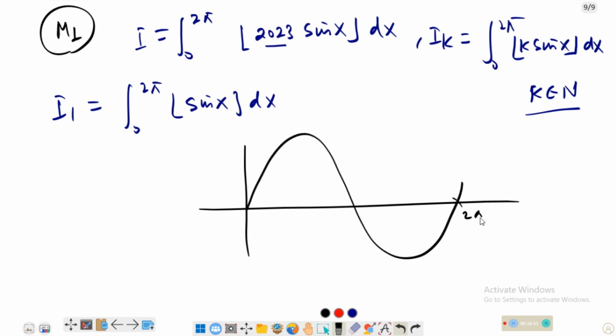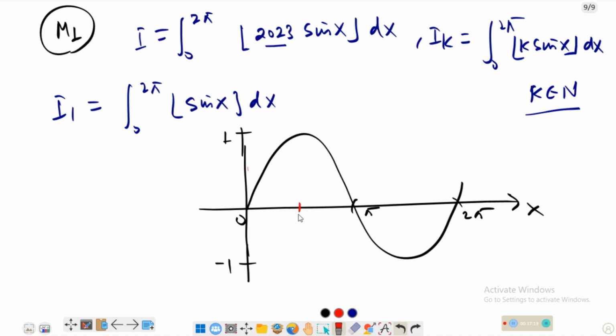Okay, this is 2 pi, this is pi, this is 0. The height is 1, here -1. So if we plot the graph of greatest integer of sine x, since this quantity lies between 0 to 1, the greatest integer of this quantity is 0.